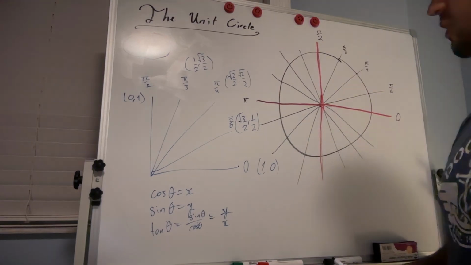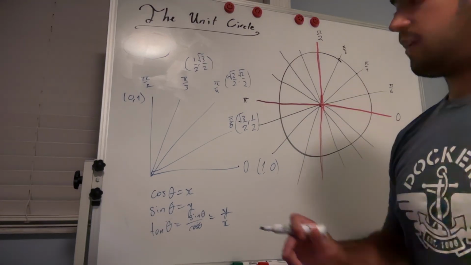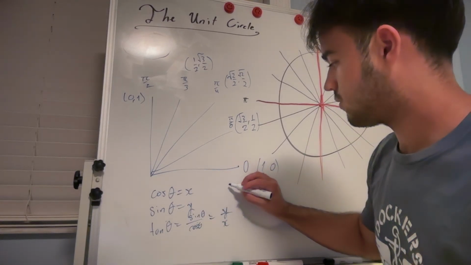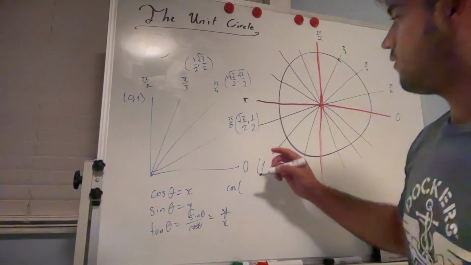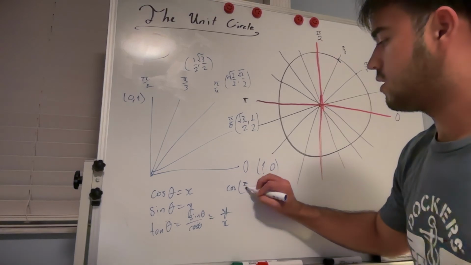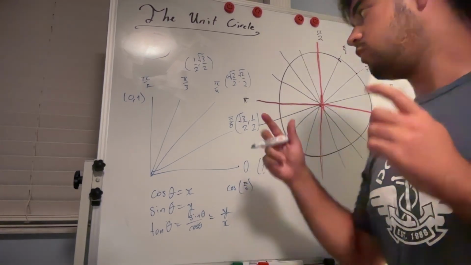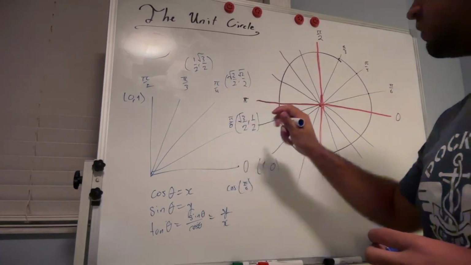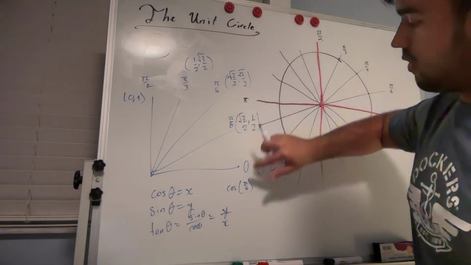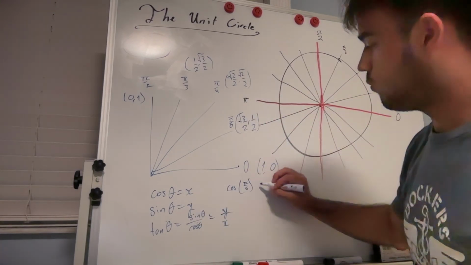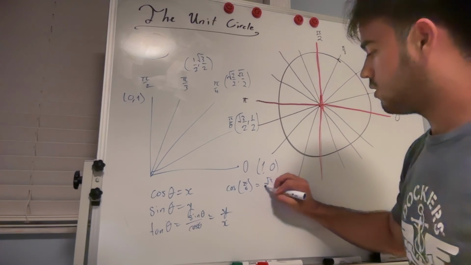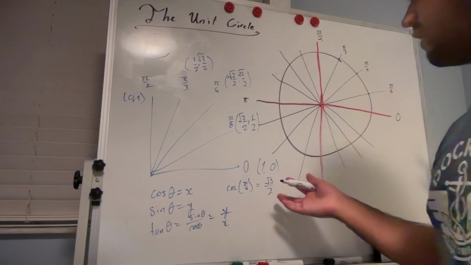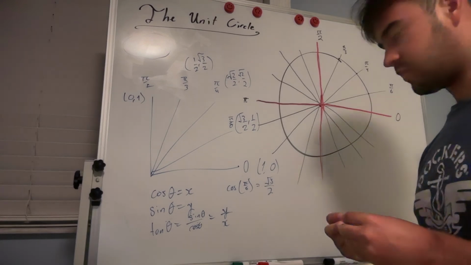So if you were asked, find the cosine of pi over 6, well, we think of our unit circle, we can draw it out if we want, the first quadrant. And then our x value is just the root of 3 over 2. And then that's our answer.